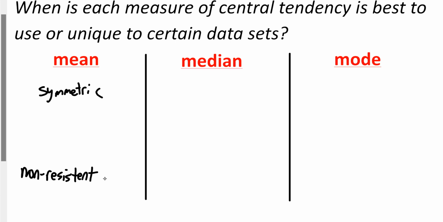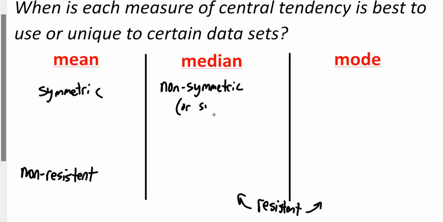Whereas the median and the mode are both resistant. The median is then very useful when it's non-symmetric, but it's also going to work for symmetric. But most importantly, if there's an outlier.